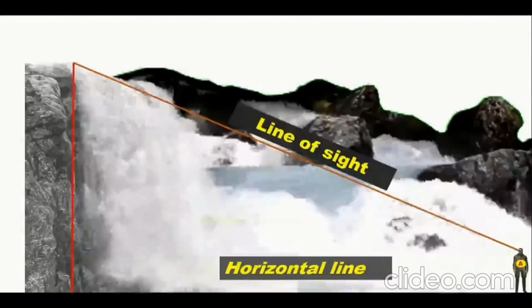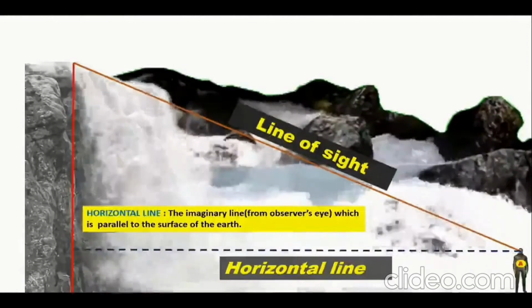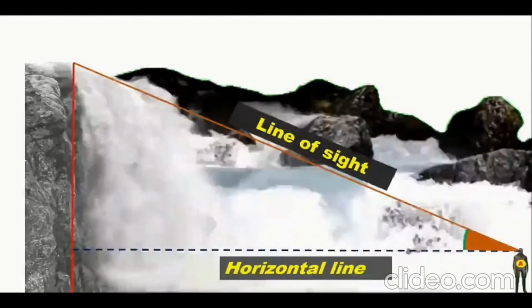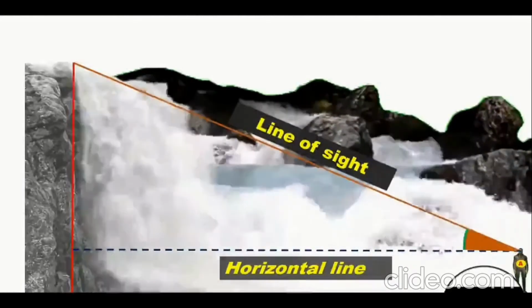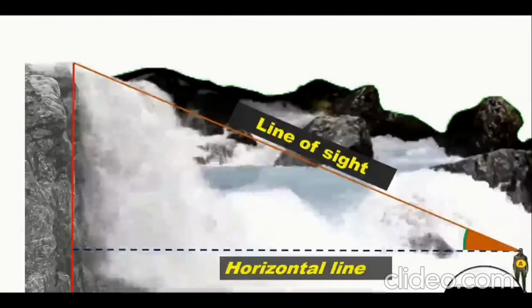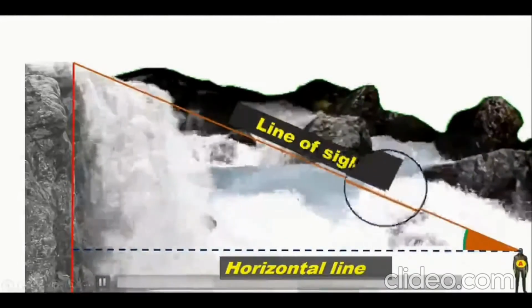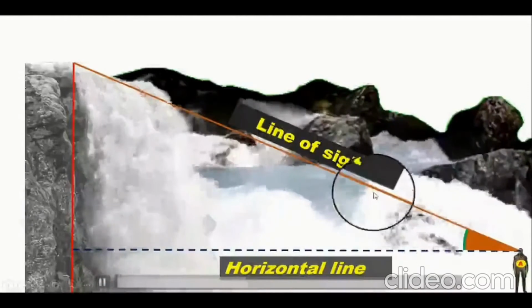Between these two lines, one angle is formed. So what is the horizontal line? The imaginary line which is parallel to the surface of the earth. That angle is formed between the line of sight and the horizontal line. The angle between the line of sight and the horizontal line is called the angle of elevation.